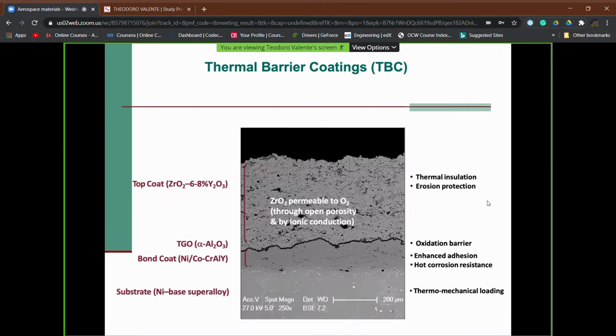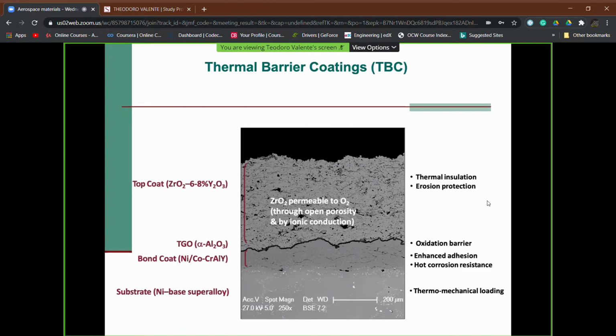You see on this picture, on top of the bond coat, also a sort of black line, which corresponds to the so-called TGO, that stands for thermally grown oxide, usually made of alumina.